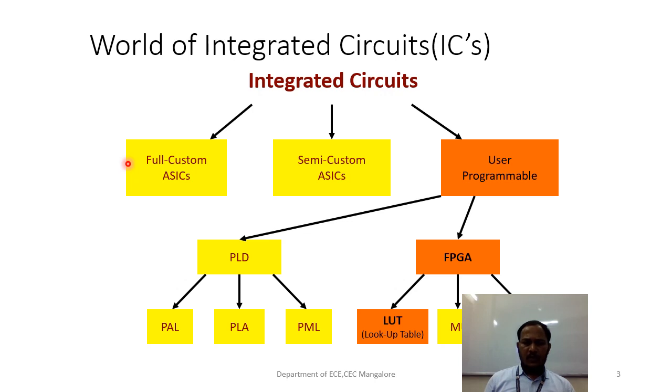So if you want to design some IC which wants particular functions, you can start the design from scratch. For example, NASA and ISRO want speed, power and timing to be optimized.